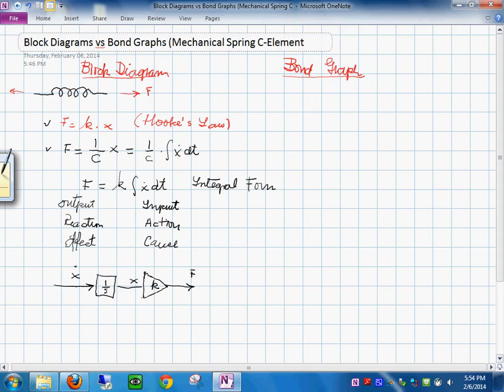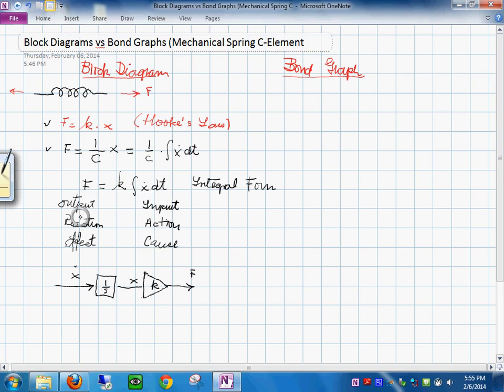Very good. So this is the representation of the integral form of this spring, or we call it C element for compliant element. So this is the integral form of the equation. What I'm trying to say is here, the input is this one, the output is over here. Like a computer statement, it always executes from right to left. This is the result, this is what you're giving.